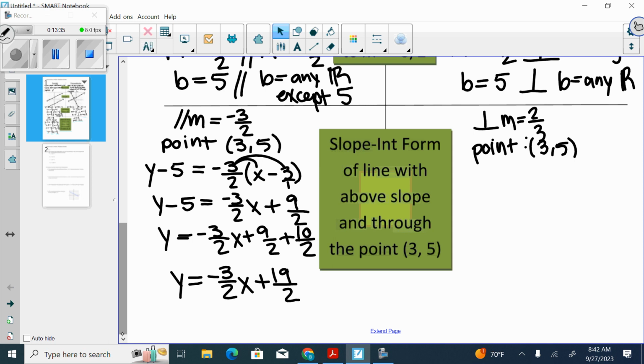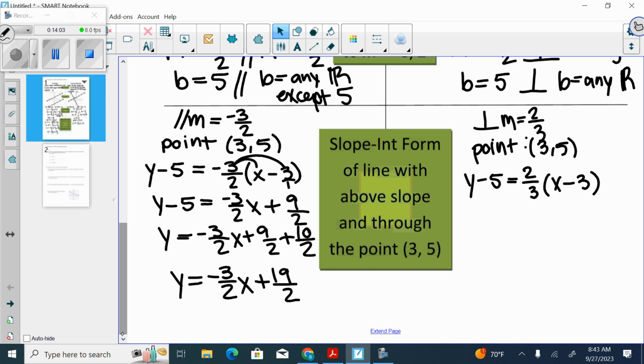And what would that look like? Y minus 5. Good. X minus 4. Very good. Good job. Yes.